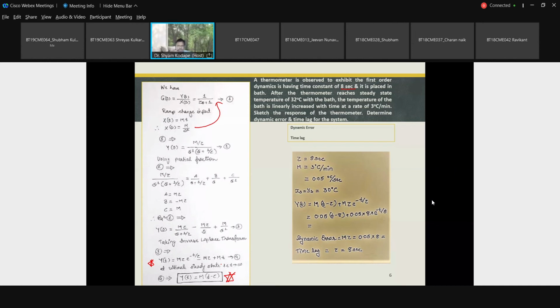So the ultimate change may be different, or it may be the same as that of the ultimate steady state. Okay, we will discuss that thing. The permanent change may be possible.